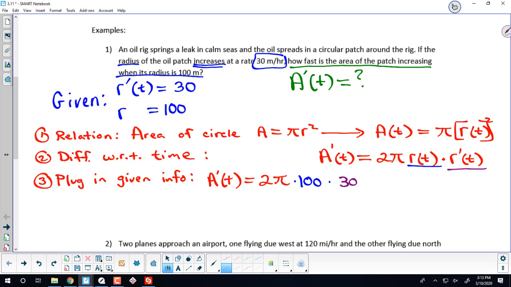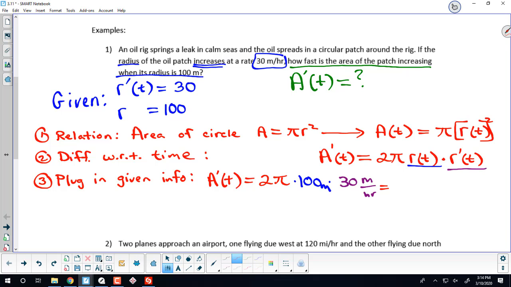Remember, the units for the rate of change were meters per hour, and the units attached to the 100 are meters. So there's nothing to solve for. We have A prime, whatever that number is.